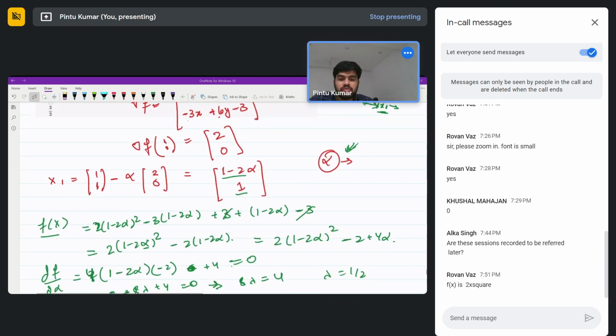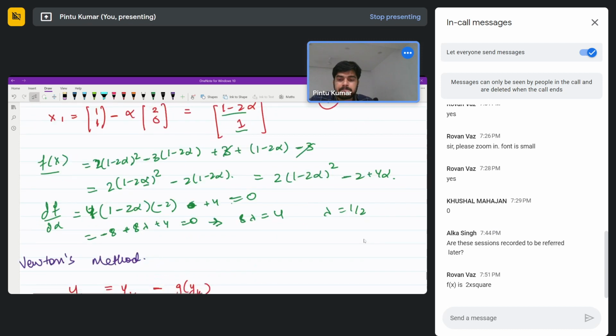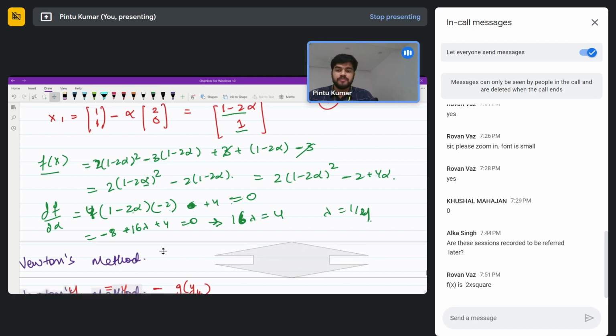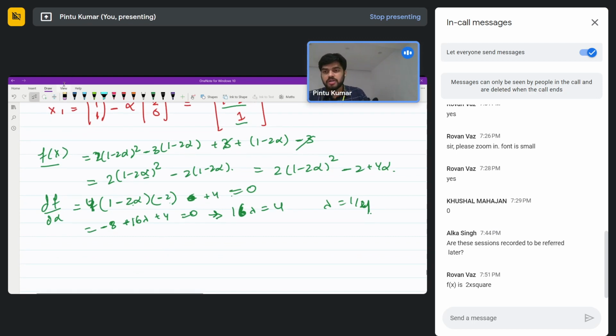So starting with the initial guess, then we want to find the value at that point, right? Again, this is 4 to the 8 minus 16. I'm making a lot of calculation mistakes. So this is 16, lambda is equal to 4 and lambda is 1 by 4. Okay. So we have got the value of, I don't know why I wrote lambda, but this is alpha.